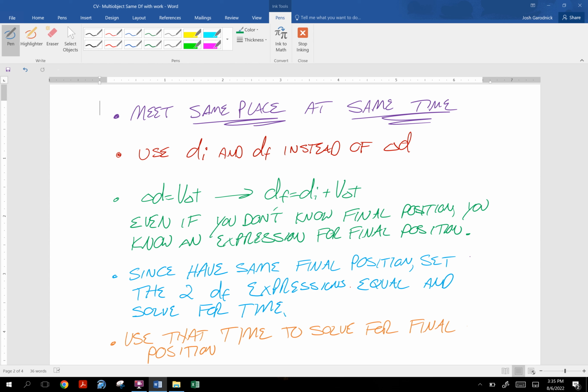We know an expression for it, and maybe we could just use the expression. And since they have the same final position, we could set the two final position expressions equal to each other, and we can solve for time as shown previously. And then once you have the time, you can go back and solve for final position. I would suggest doing at least one of them and then maybe doing a quick check on your calculator to make sure the other one matches up to make sure you did it right, but that's up to you.